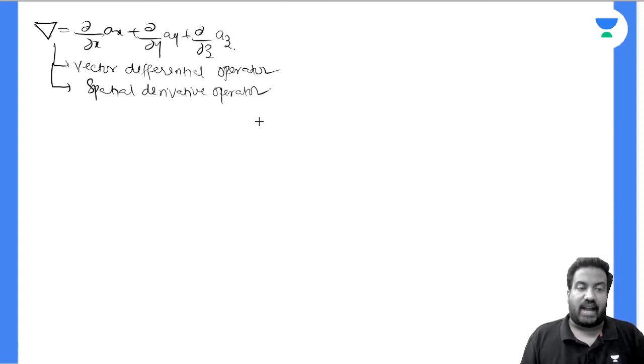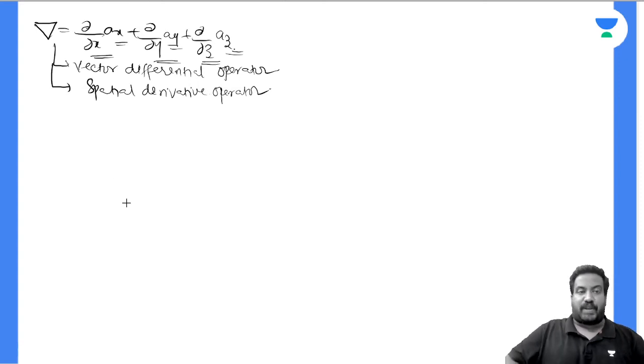Del is called vector differential operator because it is doing differentiation and also it is internally a vector. Therefore, it is called vector differential operator. It is called spatial derivative operator because we are trying to do derivative with respect to space coordinates.